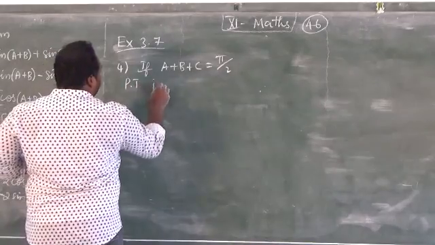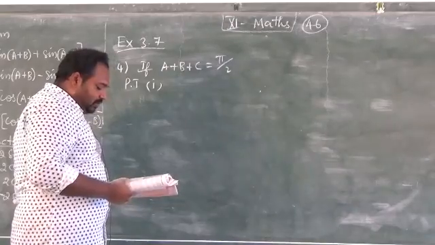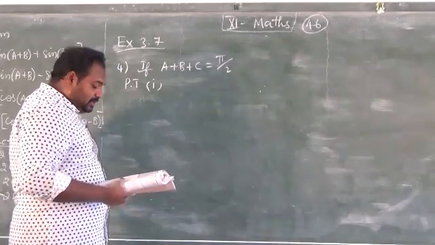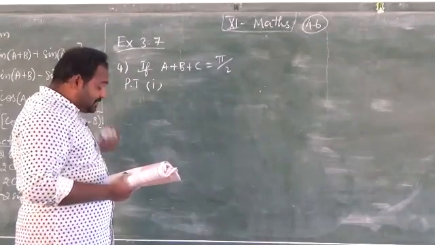We have two subdivisions. The first subdivision I will do, the second one you have to do on your own, because it is the same model. So the first subdivision I will do for you.